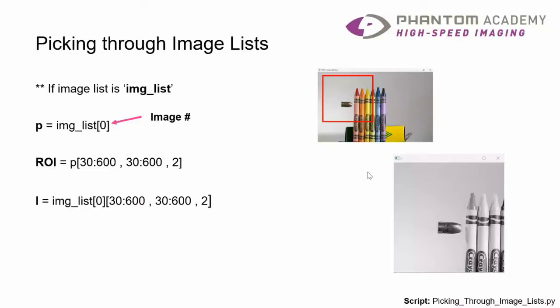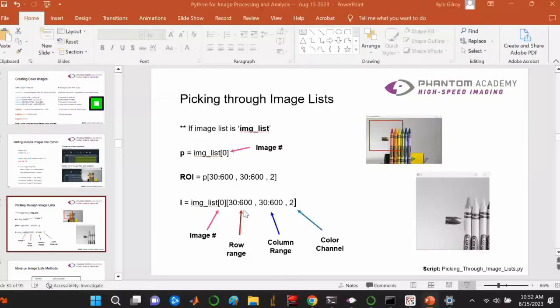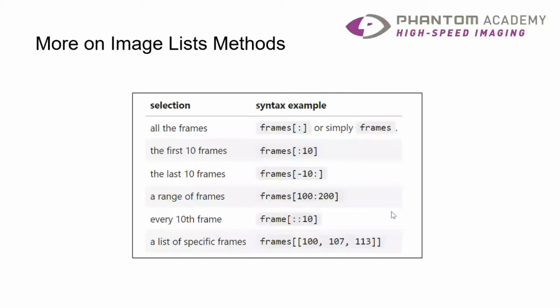Okay. Here are some more useful methods and functions in list format. Let's say, for example, you're working with frames and you want to get all the frames in your list. You would use that colon symbol. That would grab all the frames from that list. If you wanted the first 10 frames from the list, you could use :10. That would grab the first 10 frames. If you want the last 10 frames, you could do -10:.